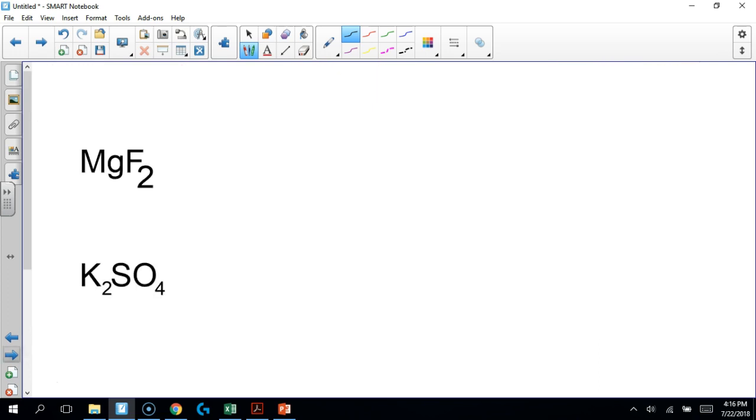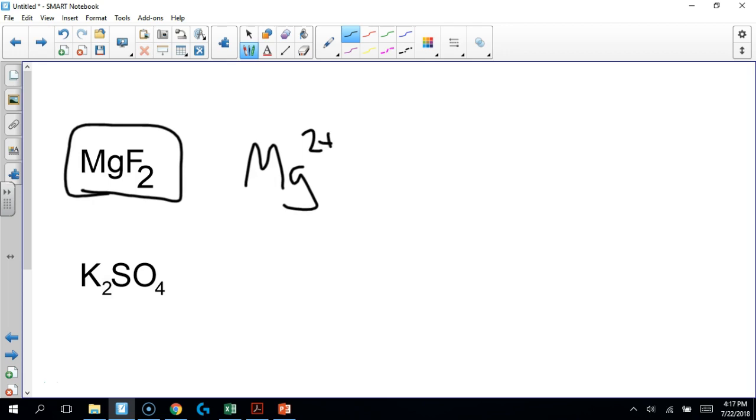Okay, so let's keep moving. Here's the funny thing. I'm going to take a little break from writing net ionic equations here, and I'm just going to show you this. This is a compound, MgF2, and this thing is soluble. And when it's soluble, it splits up into Mg2 plus. Now notice it splits into fluoride, and when we write this, fluoride is F minus.